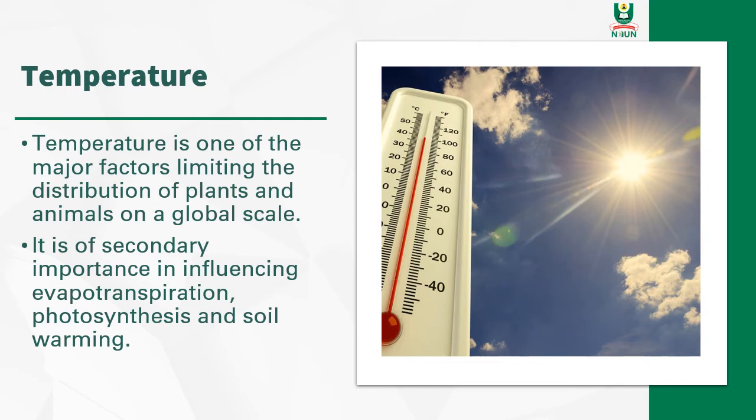So that is why temperature is important. It is of secondary importance in influencing evapotranspiration. Yes, because the hotter a place, the more evaporation takes place. So you want to try and balance it out, because if the evapotranspiration is on the high side, then you have less photosynthesis, and also the sun will become so hot and unbearable for the crops.